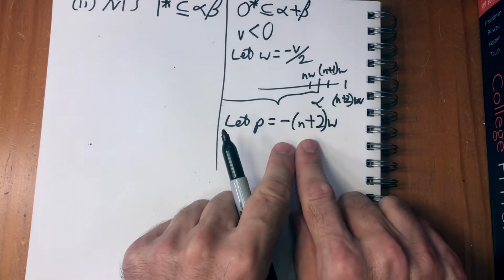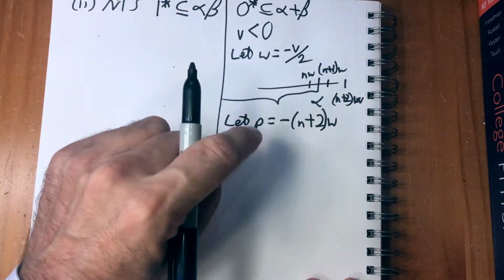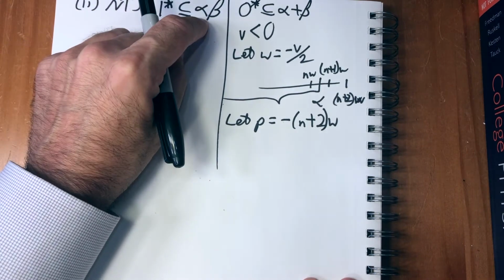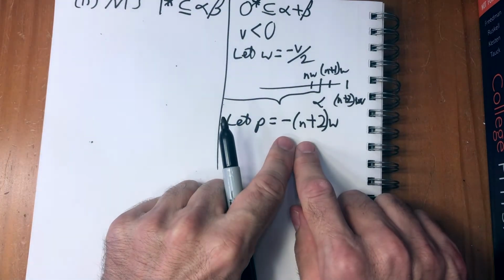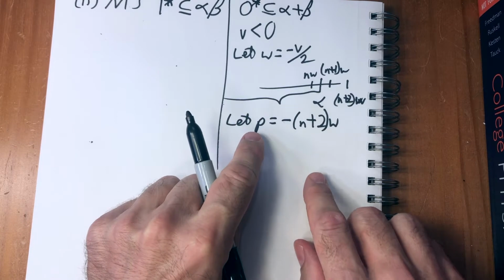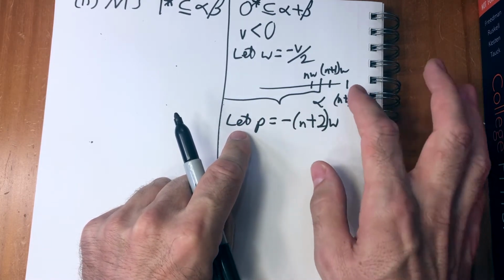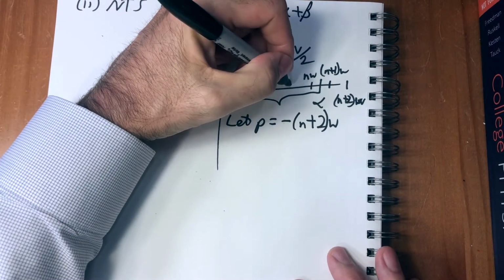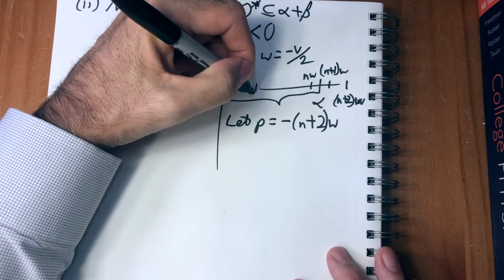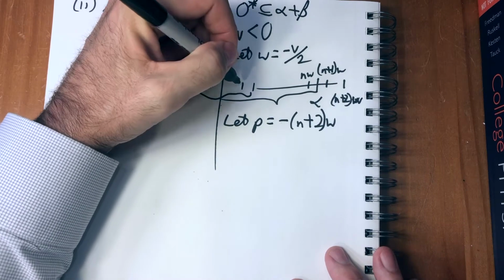And remember what we're doing here is, in order for p to be in beta, we need to be able to take the inverse of p. So p is going to be over here somewhere, we hope, in beta, right? Beta's down here. So p is over here.